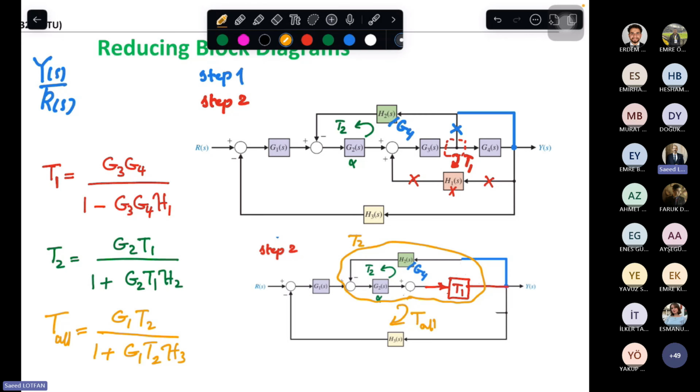Now I have this system, R(s) to T(s) to Y(s). Clear? Any question?